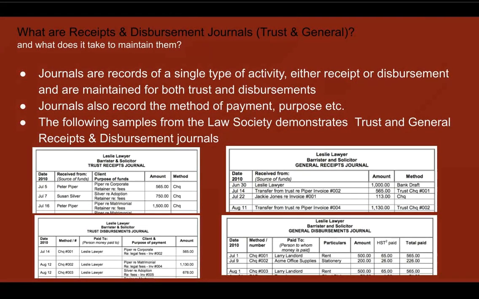However, journals are a more in-depth version of what you would like to see. And there you have purpose of funds, method of funds, particulars, received-from details, or if it's a disbursement, who it was paid to, and more.